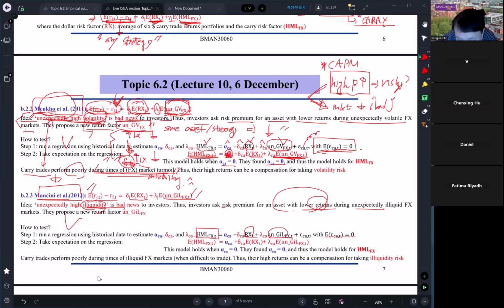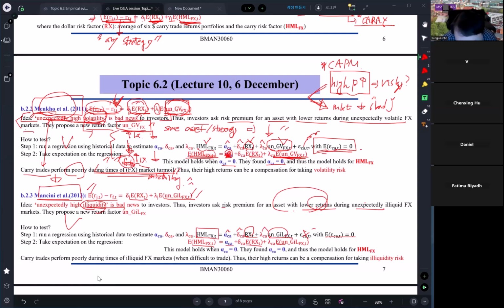And we impose the usual assumptions for regressions. Given this historical data, you estimate these regressions using some statistical method, least squares, and you estimate the intercept, the slope for RXT, and the slope for the illiquidity factor. Once you take expectations, this error term will be gone, and we have expectation here, here, and here.